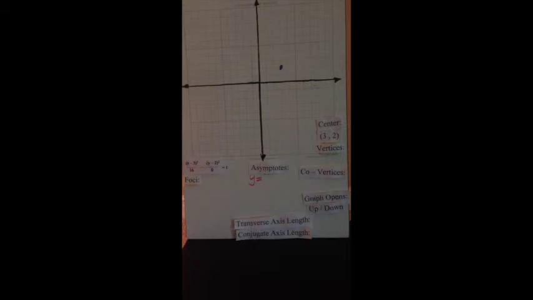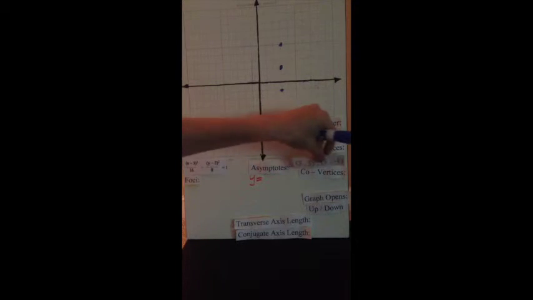If you take the positive square root of that 9, which in this case would be 3, that's the amount of units you move up and down, or if it was the x-axis, left or right, from your center point. So we're going to find our vertices by going up 1, 2, 3 units. See, we haven't really done any math yet, and we already know so much stuff. So we're going to go down 3 units, and these are our 2 vertices. So now it's a good idea to write them down. So these are our vertices.